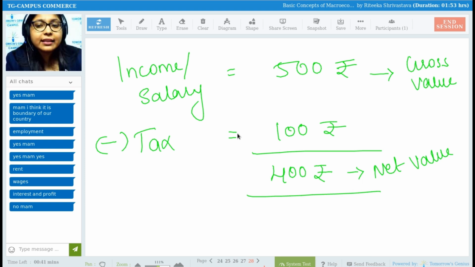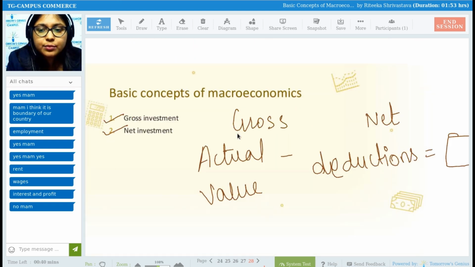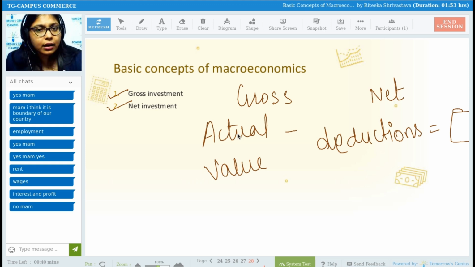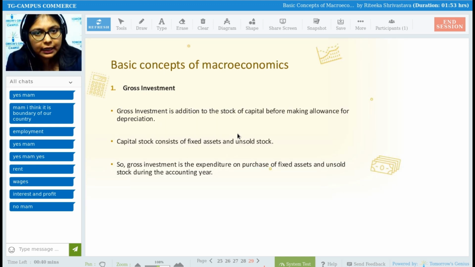If we include all the deductions, then the total amount which is left in the hands of the person is called net. Fine. Now we understood the terms gross and net. Gross means the actual value, and net means the amount which is left with us after the deductions. Now let us understand in terms of investment.